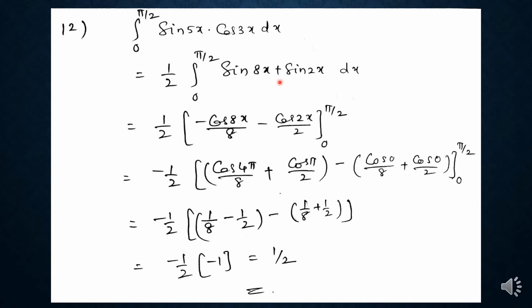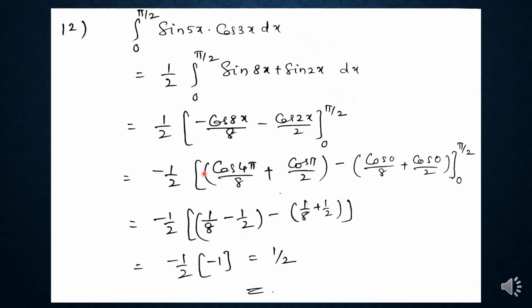Now by integrating each term separately, we get half into integral sin 8x dx is minus cos 8x by 8, because integral sin ax dx is minus cos ax by a, plus integral sin 2x dx is minus cos 2x by 2, from 0 to pi by 2.